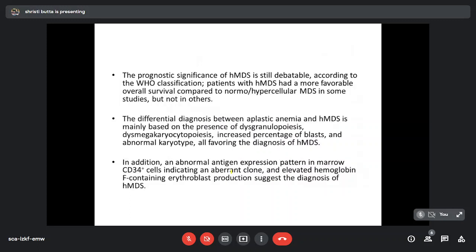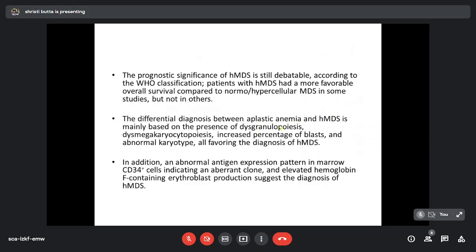Now, the prognostic significance of hypoplastic MDS is a very debatable subject. Some say it has a good prognosis, the others say it has a bad prognosis. So quite debatable. One of the basic differential diagnoses is aplastic anemia. So what are the features which favor hypoplastic MDS over aplastic anemia?